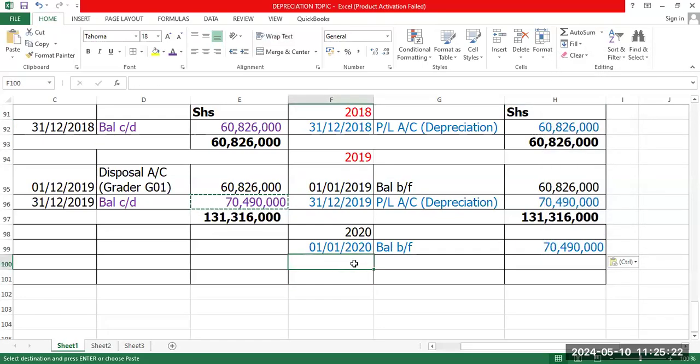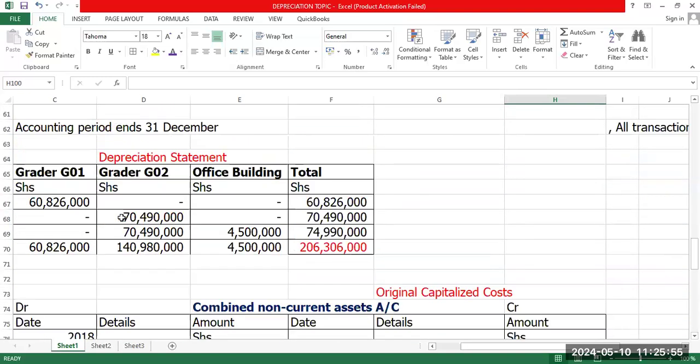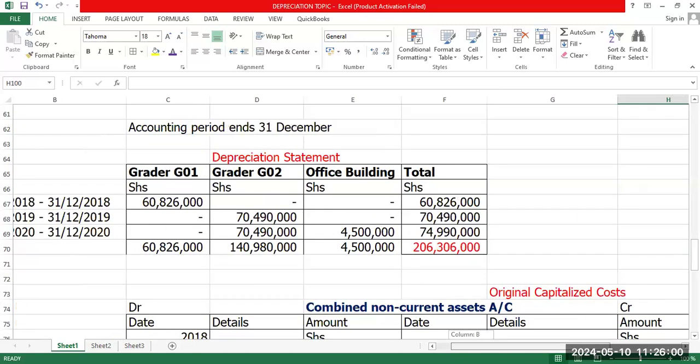Then we ask ourselves, in this year of income, what is total depreciation? That is 31st December 2020. So once you put balance brought forward, immediately ask yourself, what was the total depreciation for this year? Total depreciation, we mean for all assets. So you come here and we are putting this one. Then we go back to our depreciation statement. The total depreciation for 2020, this one.